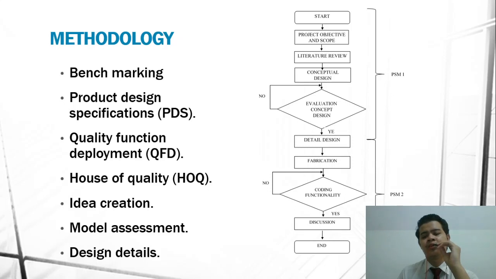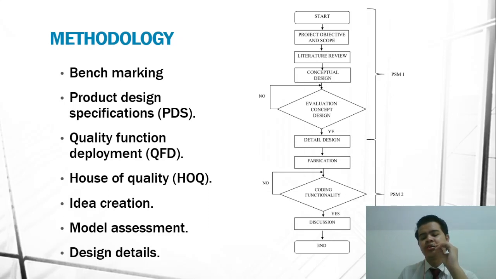From the figure on the right, we can see the flow chart of this project, starting with the objective and scope. Next is literature review. Next one is concept design. After the concept design, we will proceed to evaluation of the concept design. If the evaluation is completed without problem, we will proceed to detail design and fabrication.